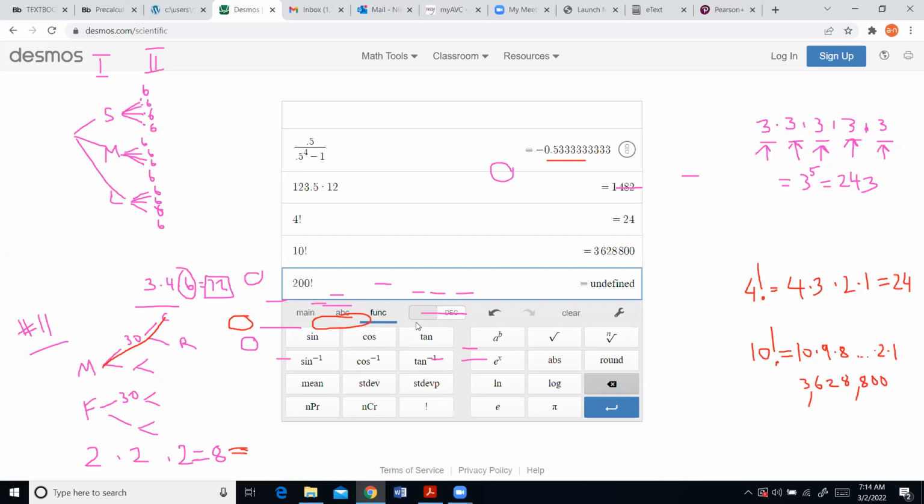You say, Alex, what about 300 factorial? Well, if it cannot handle 200 factorial, it wouldn't be able to handle any bigger factorials either. Interesting, right? So those are very, very big numbers, those factorials. So we're dealing only with the lower side of the story, like 10 factorial, 5 factorial, but not 300-400 factorial.